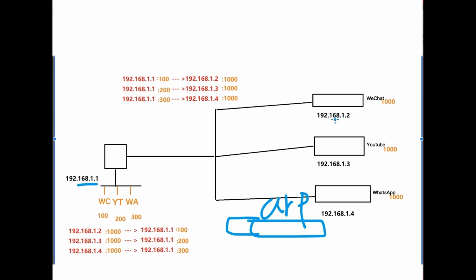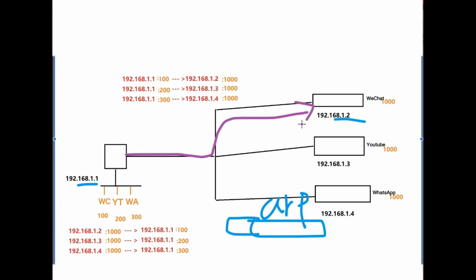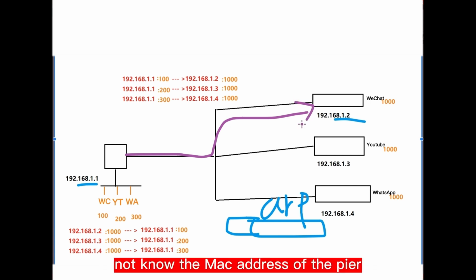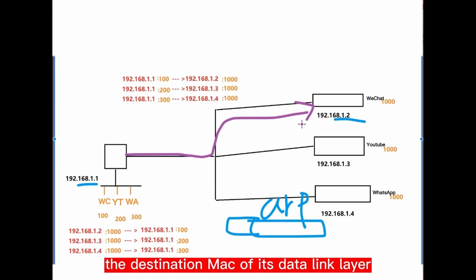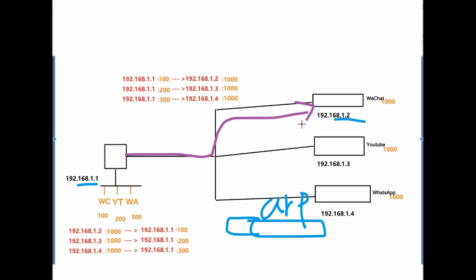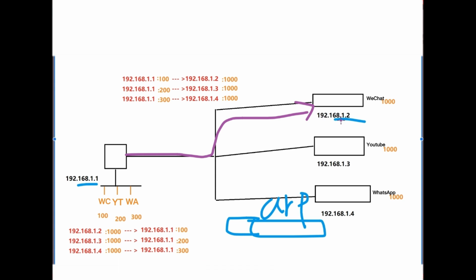It is 1.1. It is 1.2. Assuming they are directly connected, same network segment. The device is now going to send data to it. Because the device does not know the MAC address of the peer, the destination MAC of its data link layer cannot be encapsulated. I send an ARP now. Go ask what is the MAC corresponding to this 1.2.